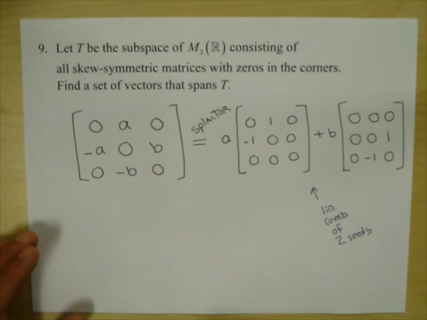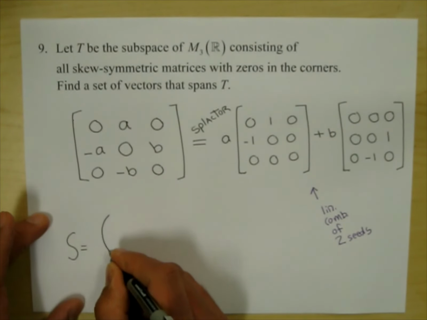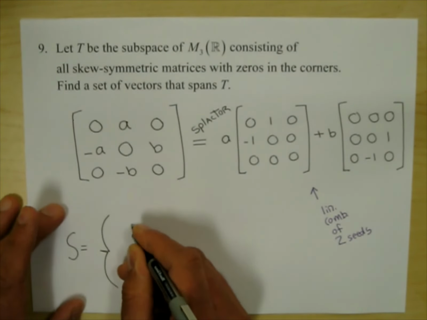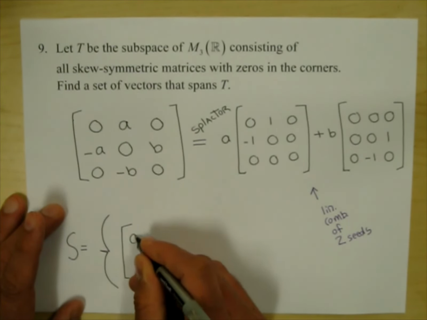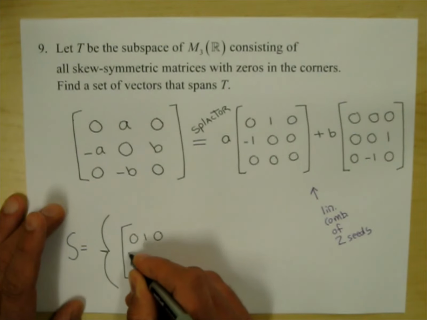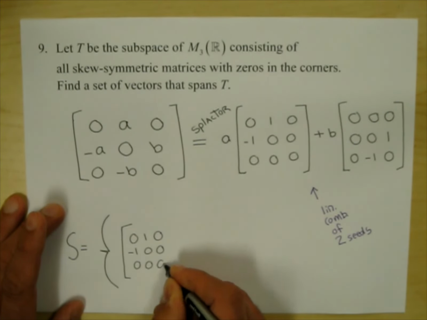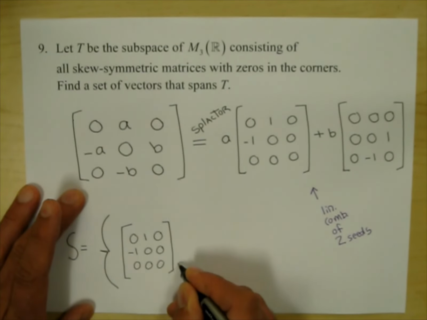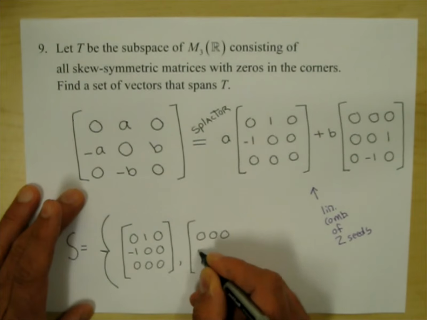And so let's call that set of seeds, set S. We're going to list them right here. I know it's a little redundant, but we have to do it this way here. So 0, 1, 0, -1, 0, 0, 0, 0, 0. And the next one is the other one.